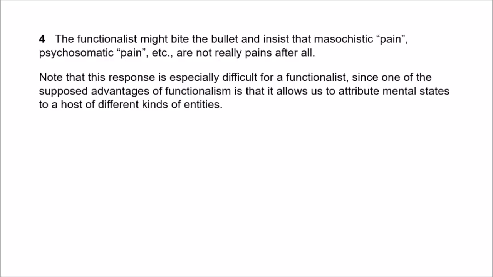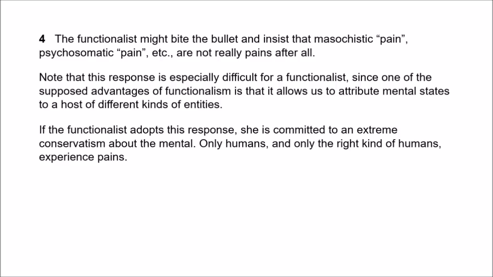As I mentioned earlier, one of the primary advantages that philosophers have claimed for functionalism is that it's supposed to allow us to attribute mental states to a whole host of different kinds of entities, not just humans, but also octopodes, robots, aliens. They all might experience pain. The functionalist who adopts this response to the functional multiple realizability problem is committed to a fairly extreme conservatism about the mental.